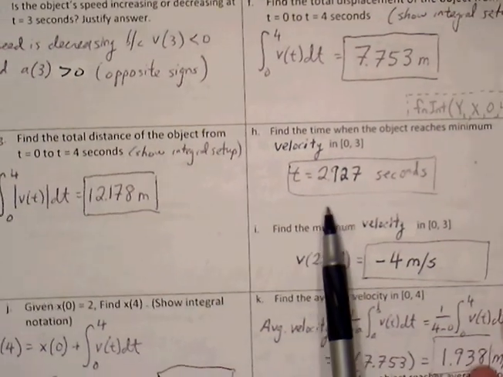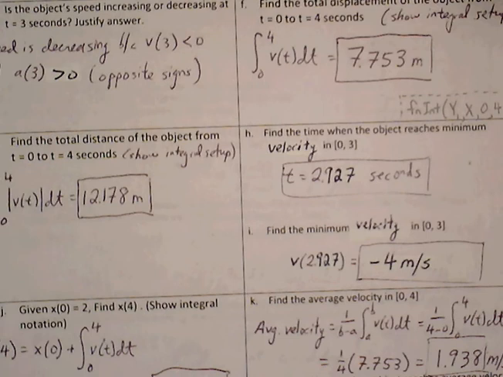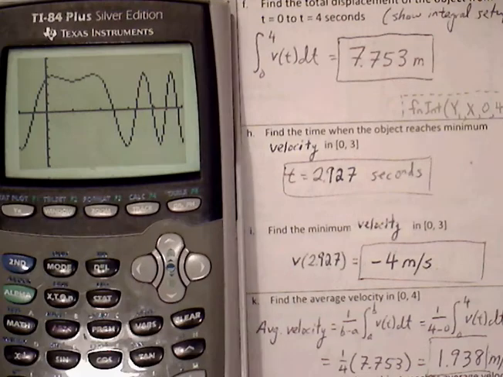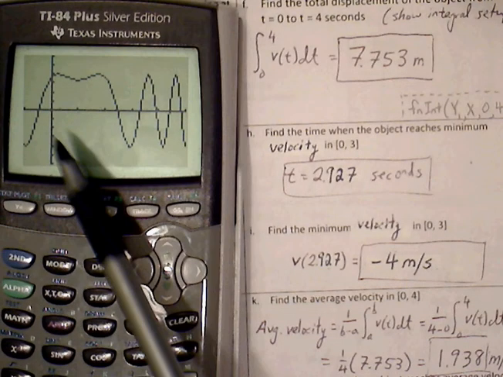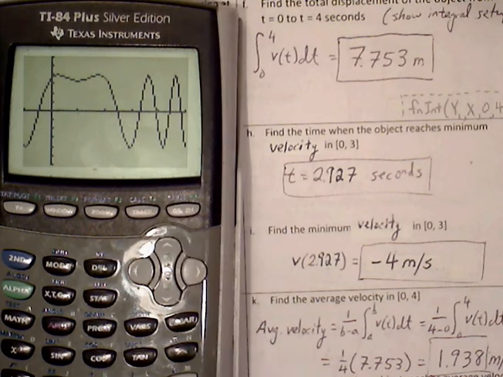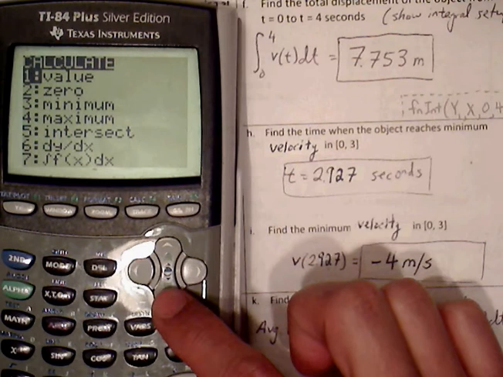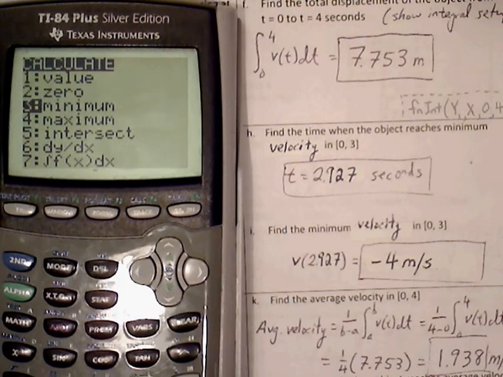Part H, find the time when the object reaches minimum velocity in the time interval from 0 to 3. So again, if we look at the graph, we see that the minimum velocity between 0 and 3 will be at this point there. The way we can find that, we can go to second trace, use the minimum feature, third option down.